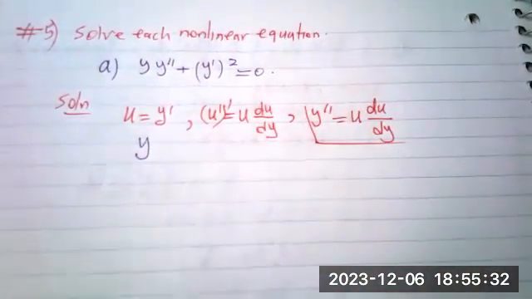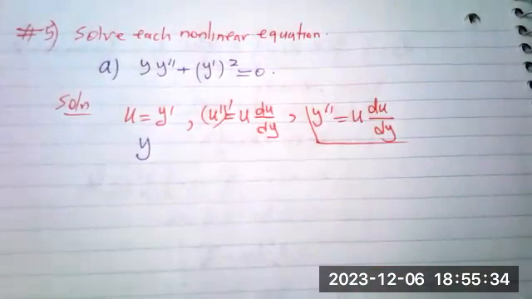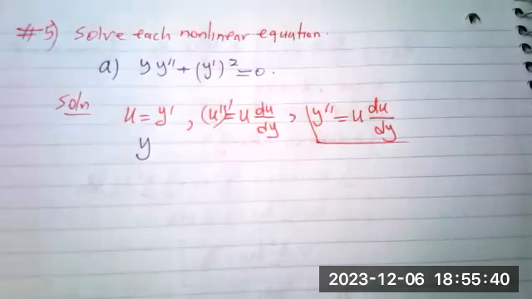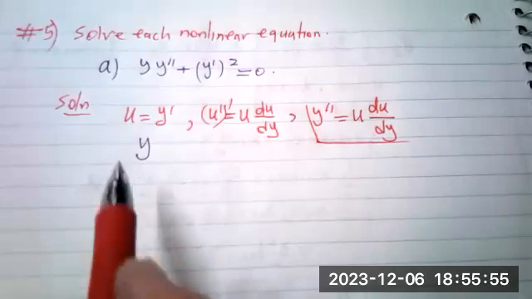See, that's the way you do it. Because u is already y prime, you differentiate both sides. That gives you u prime equal to y double prime. But the u prime, use the chain rule, you change it to u du dy.